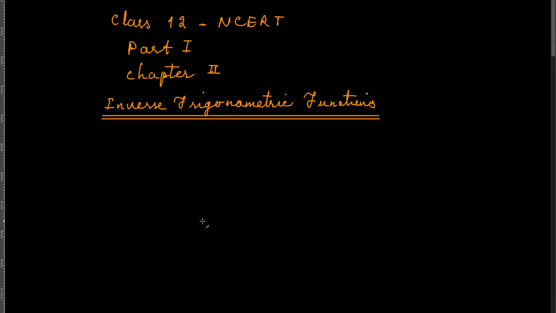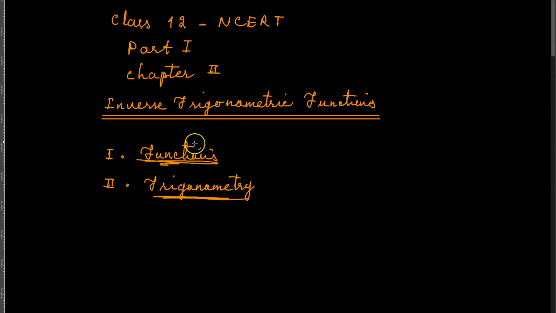Now, there is these two things that you need to do. So first of all, number one, functions. If you have a good understanding of functions, that is one of the requirements of this course. And number two, trigonometry. Right? So trigonometry you need to also understand in order to understand this course.